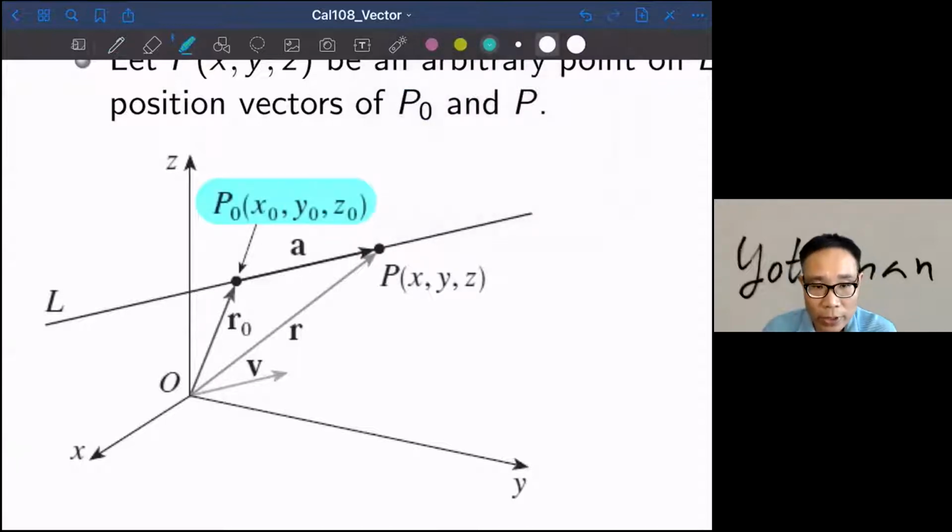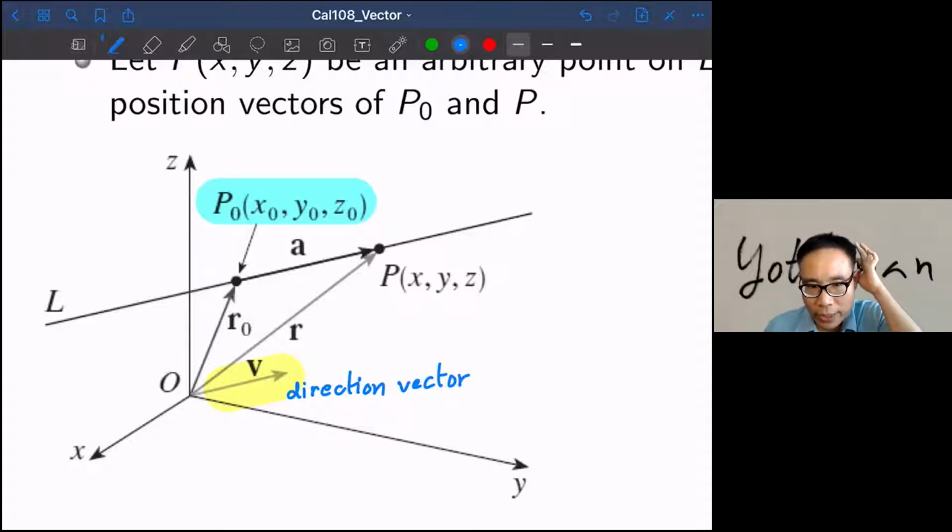P0 is a point on this line, and the line is parallel to a vector v. This is the direction vector.